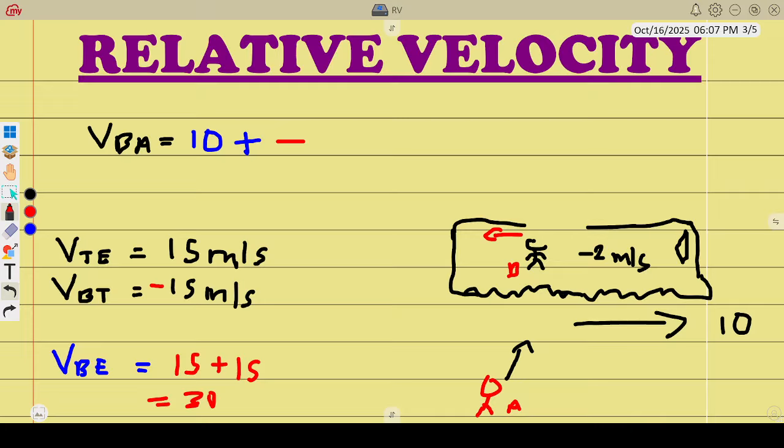So the answer will be 12, positive, 10 plus 2. I was just playing with figures, just to trick your brain. Normally when someone is going to the left, that's when it's negative. But when they give you a fixed negative value, solutions can work out like this.